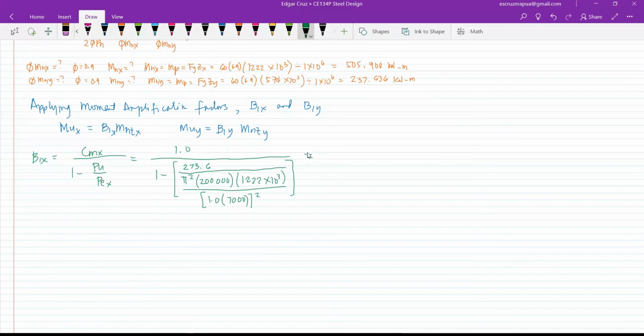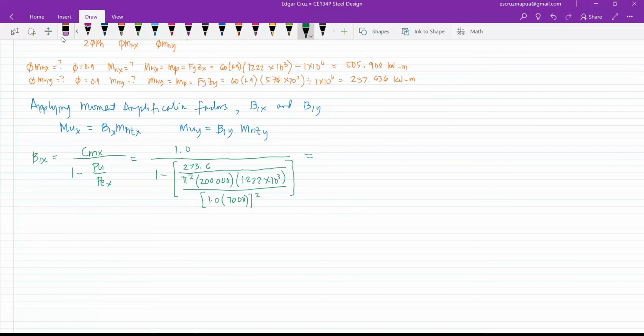Okay, so again, pagka B1 of X ang hanap, ang isa-substitute mo dun sa inertia should be IX. Okay, so pagka sinolve mo yung B1X na yan, actually that would give us a value of 1.05.